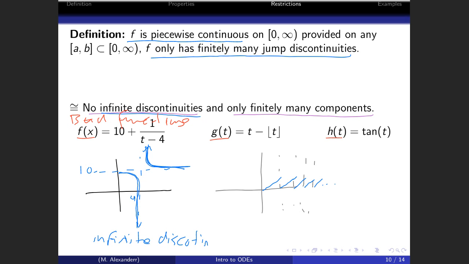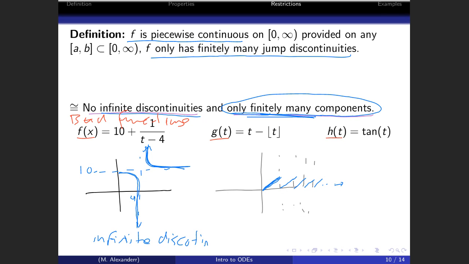It looks like stairs, or like a sawtooth. And this pattern continues on forever. This is what my dot represents. The pattern repeats forever. What we are saying here is that we only want finitely many components.